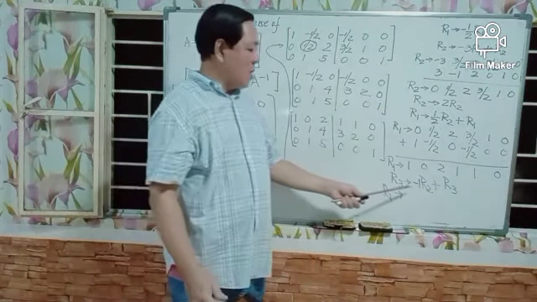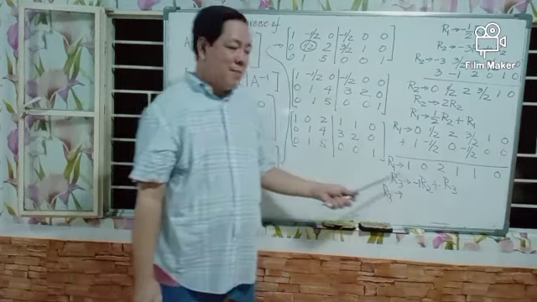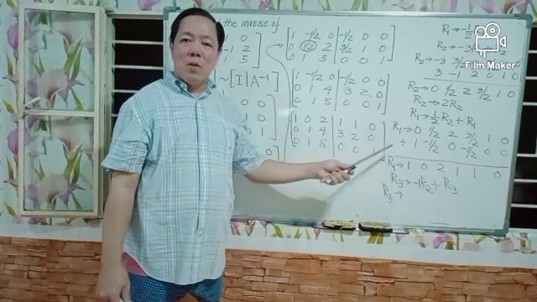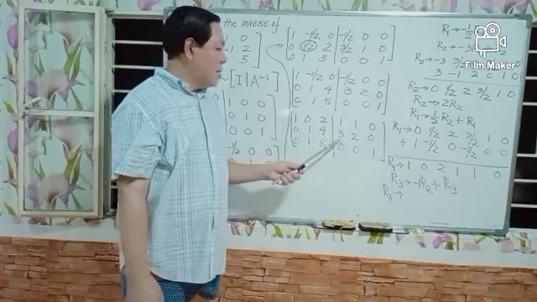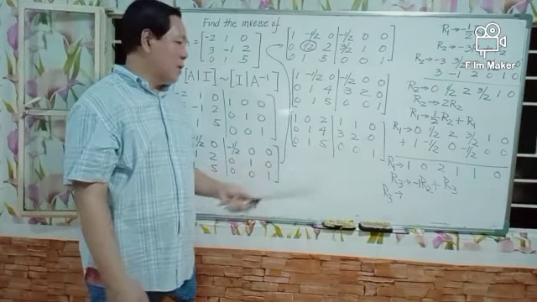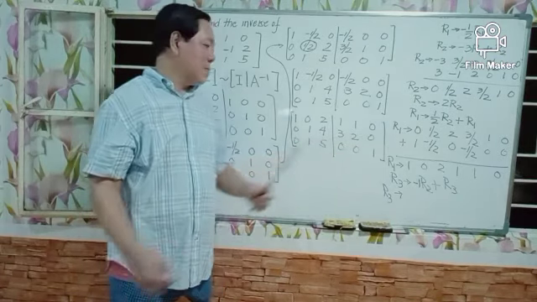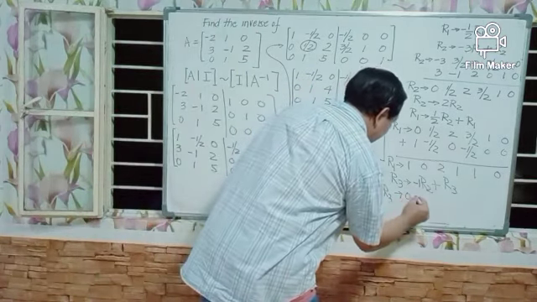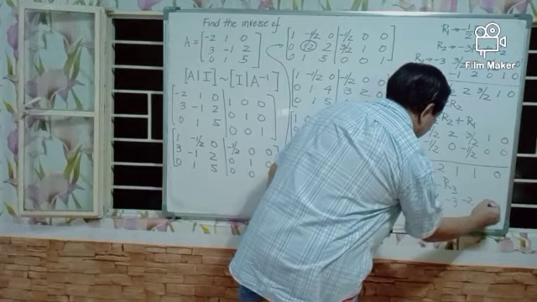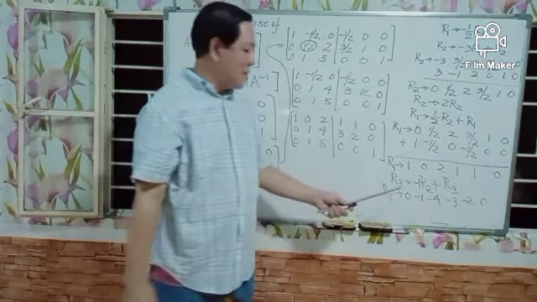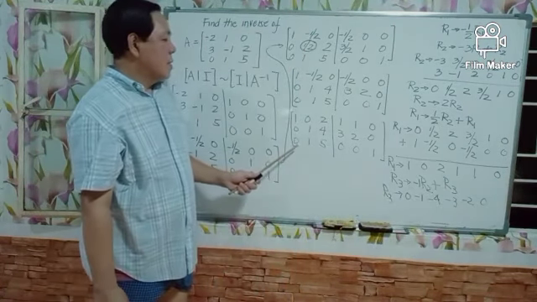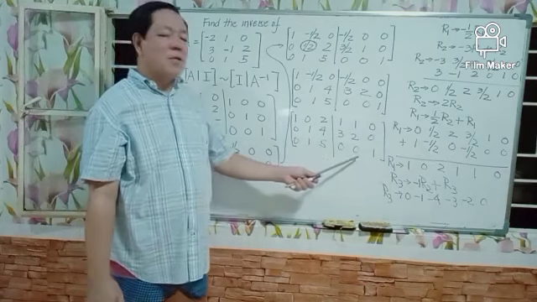We perform this operation: multiply row 2 by negative 1. Row 2 entries are 0, 1, 4, 3, 2, 0. Multiply each of these numbers by negative 1, and we should get 0, negative 1, negative 4, negative 3, negative 2, 0. And to these entries, we add the old entries of row 3, which are 0, 1, 5, 0, 0, 1.